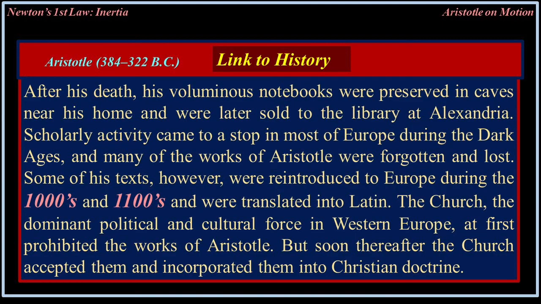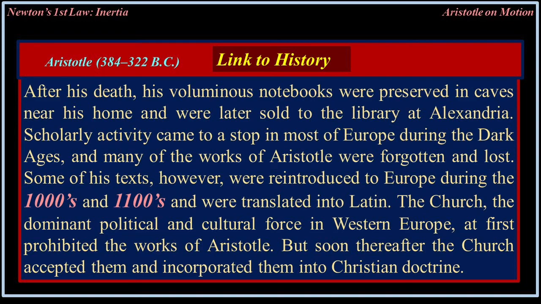After his death, his voluminous notebooks were preserved in caves near his home and were later sold to the Library of Alexandria. Scholarly activity came to a stop in most of Europe during the Dark Ages, and many of the works of Aristotle were forgotten and lost. Some of his texts, however, were reintroduced to Europe during the 1000s and 1100s and were translated into Latin.